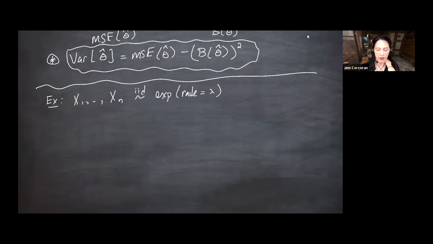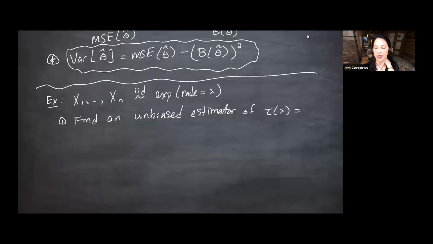And first thing I want, stepping stones here, is to find an unbiased estimator, not for lambda, we're going to get there, but for a function of lambda, which we're using tau to denote. So tau of lambda, which is going to be defined as 1 over lambda. That's just the question. It's a building block to something else.